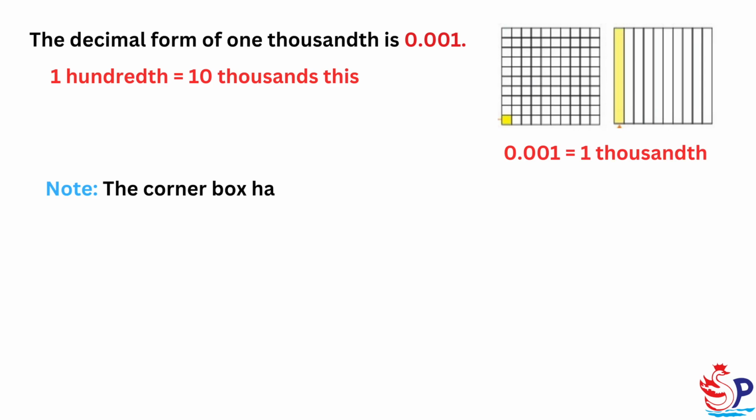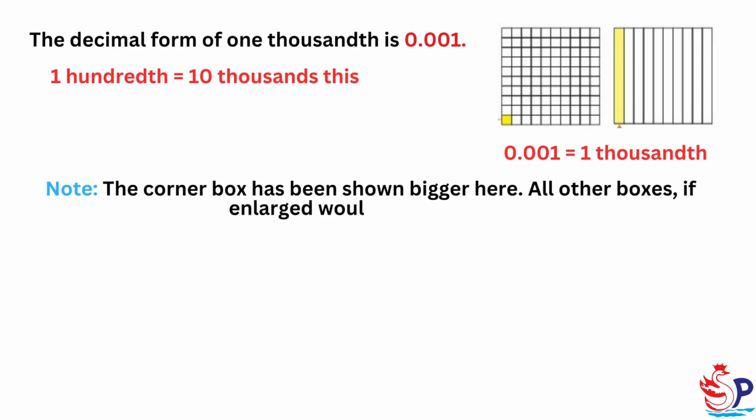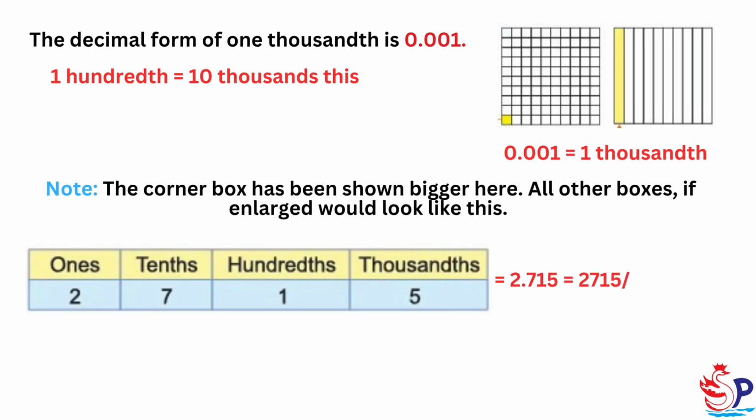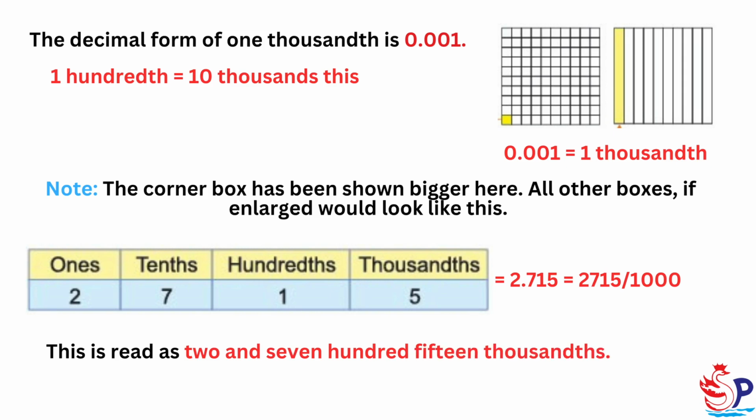Note, the corner box has been shown bigger here. All other boxes, if enlarged, would look like this. Equals 2.715 equals 2715/1000. This is read as 2 and 715 thousandths.